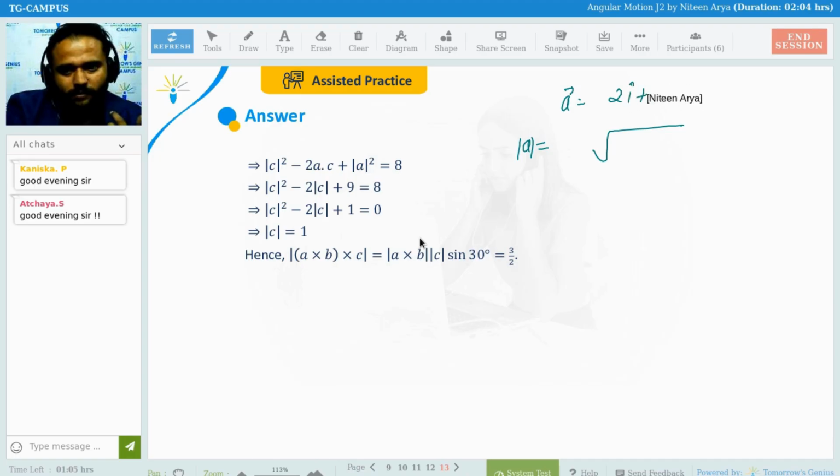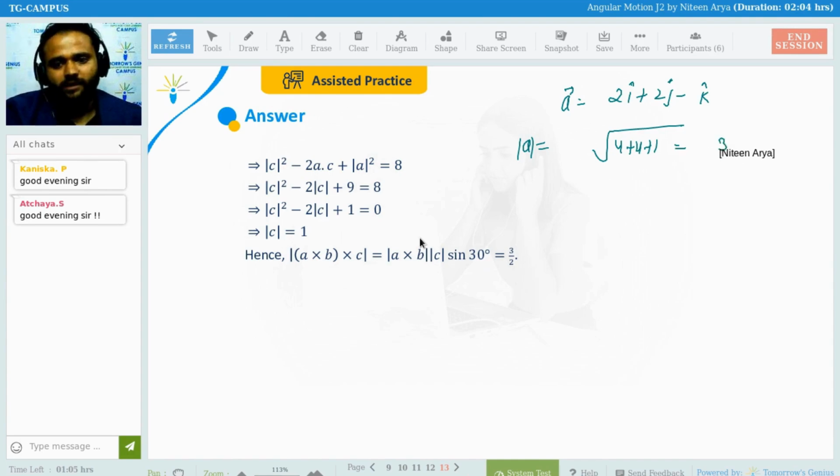Yeah, 2i plus 2j minus k. So again this is going to be 3. Why so? 4, 4, 1. 4 plus 4 plus 1 is 9, and that is 3. So again 3 to the power 2 is 9. In this way we can get the magnitude of C also.